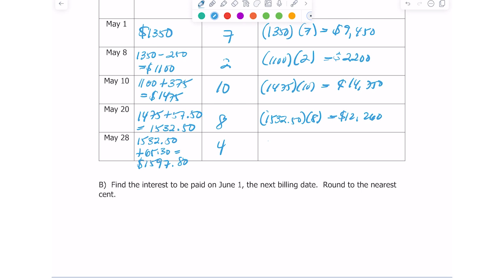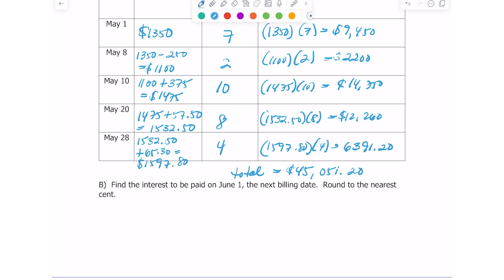So we're going to do 1597.80 times 4, which is 6391.20. Okay, I'm going to total that up, and that gives me $45,051.20, and that is the sum of your unpaid balances for each day in the billing period.